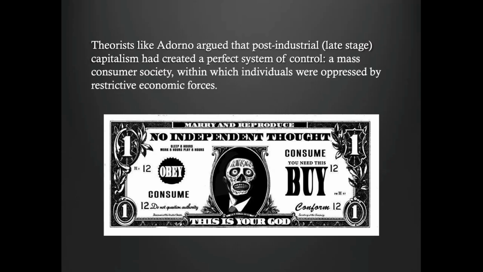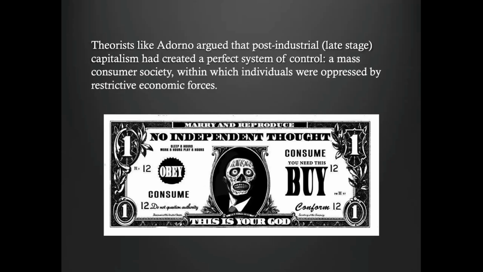But they were very critical of capitalism. And Adorno argued that post-industrial capitalism had created a perfect system of control. What does he mean by a perfect system of control? After all, he saw authoritarianism in Europe and fascism, but how does capitalism perfect control in a way that the fascist dictatorships could never do?